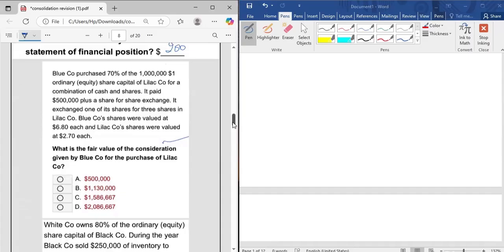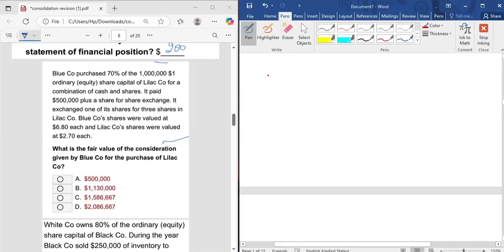Yeah. Next question is Blue Company. Blue Company purchased 70% of the $1 million ordinary share capital of Lilac Company. Blue has purchased Lilac Company 70% for a combination of cash and shares.